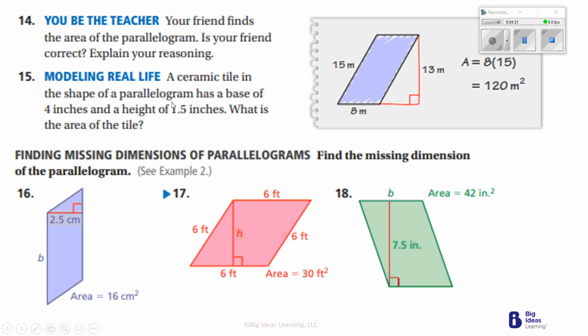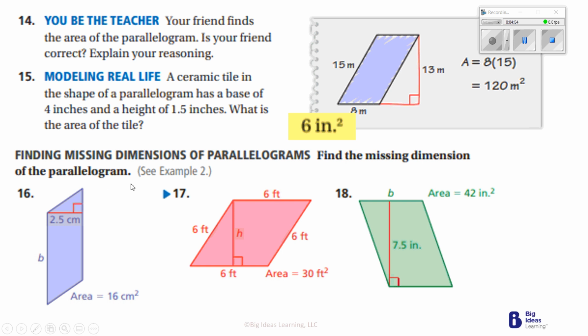Number 15 is mine to do. A ceramic tile in the shape of a parallelogram has a base of 4 inches and a height of 1.5 inches. What is the area? Well, 4 times 1.5 should give us 6 inches squared.